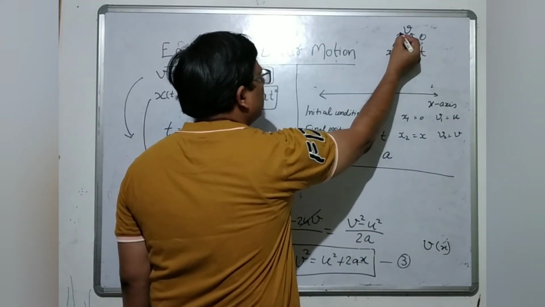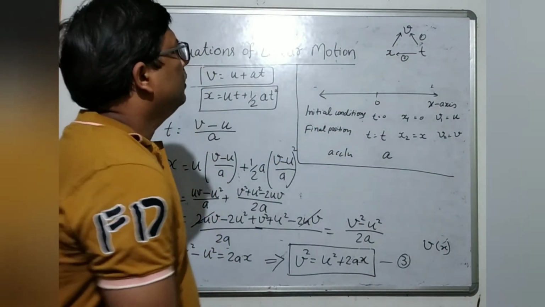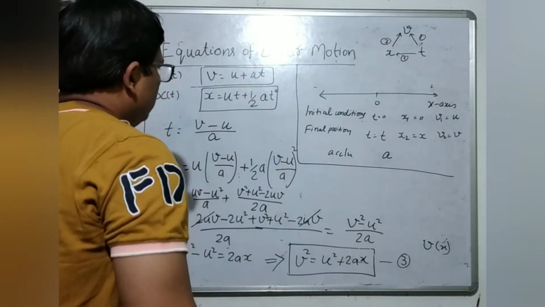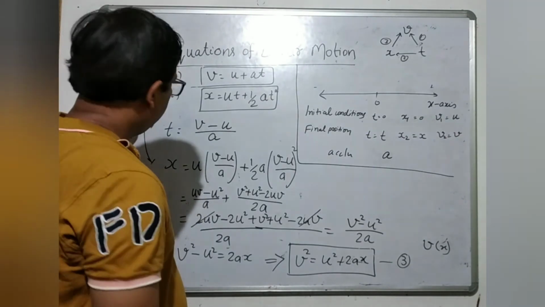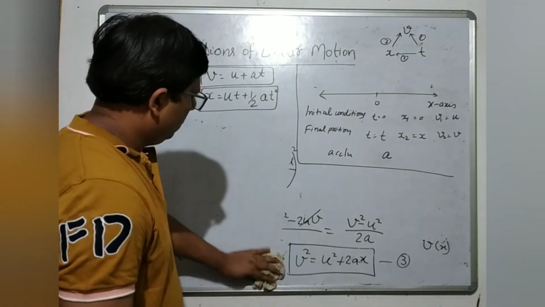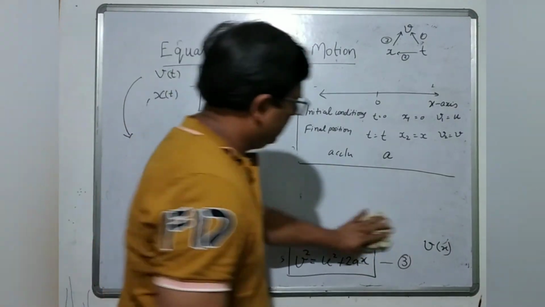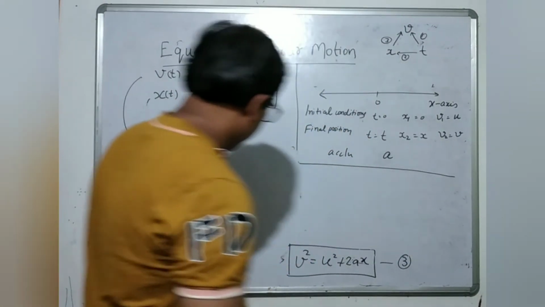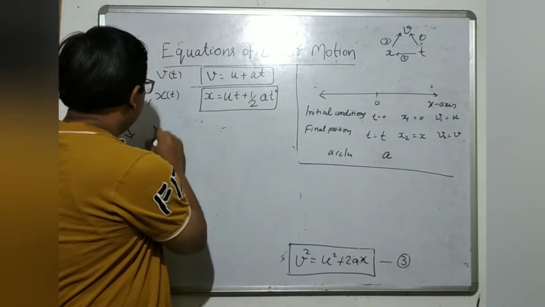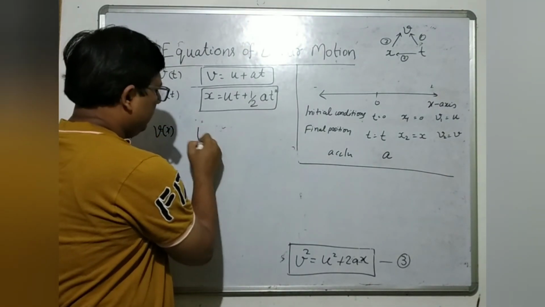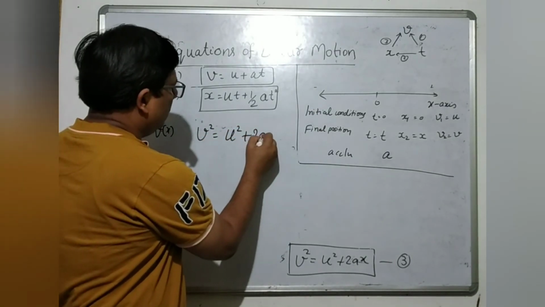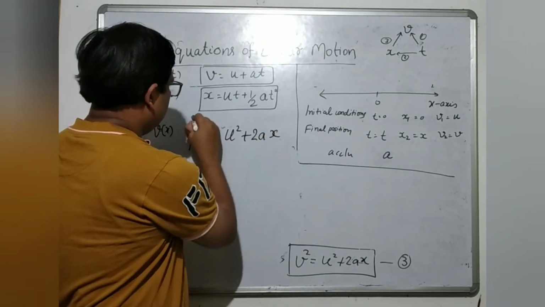If x is given, we can get v. So this is our third equation: v square is equal to u square plus 2ax.